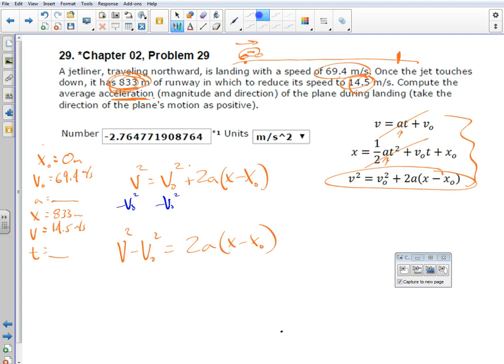Now I'm after a, so I'm going to divide both sides by 2 times x minus x sub 0, because they're both being multiplied times a, so I do the opposite. So I've got a equals v squared minus v0 squared over 2 times x minus x sub 0.